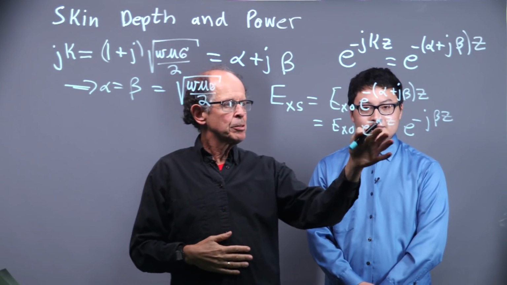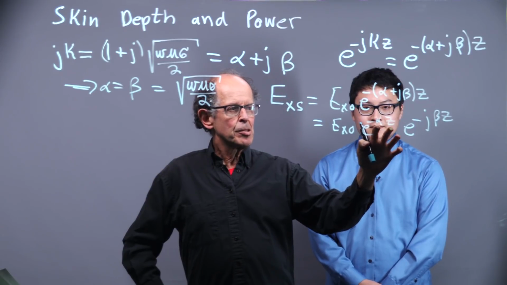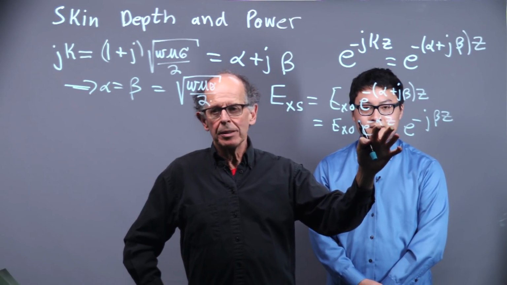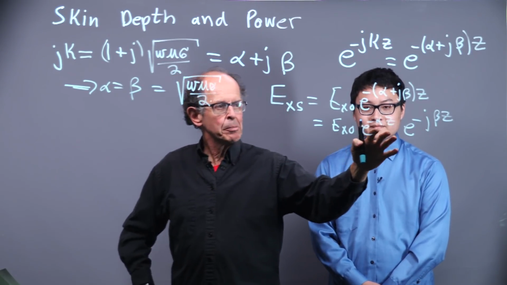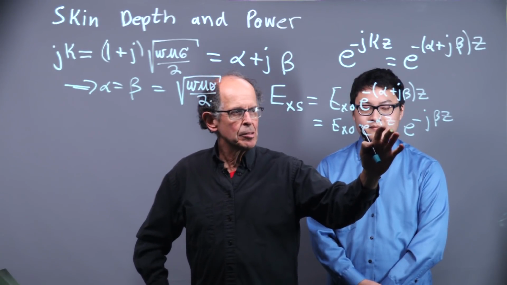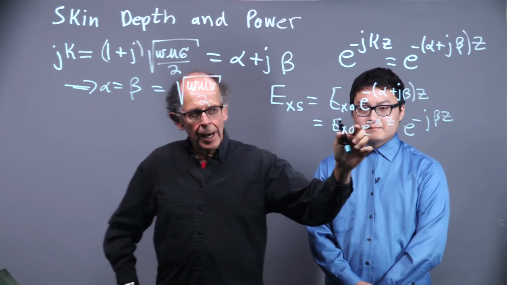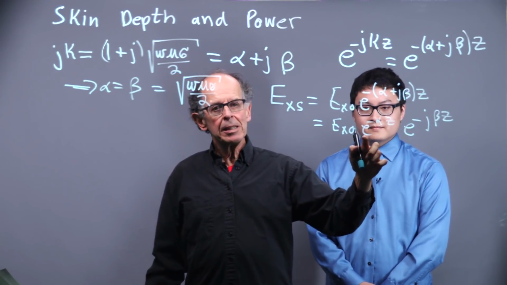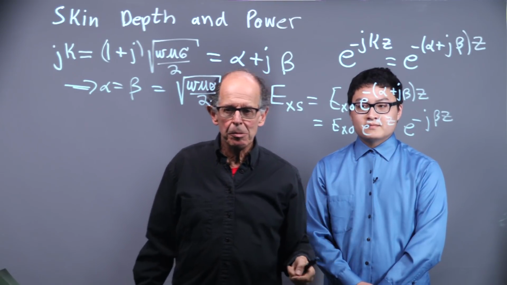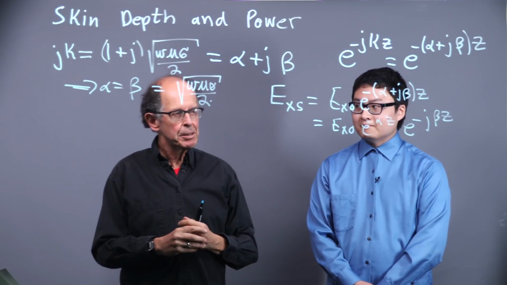So the question is, at what value of z does this become e to the minus 1? It's like a time constant, but it gives us the depth, not the time. And the power will go to e to the minus 2, which is roughly a tenth in very rough terms.